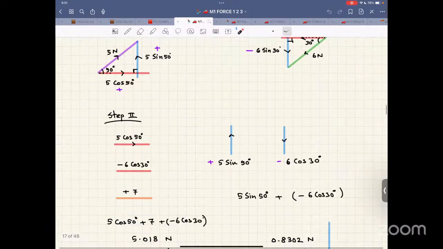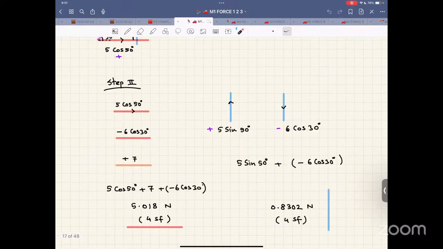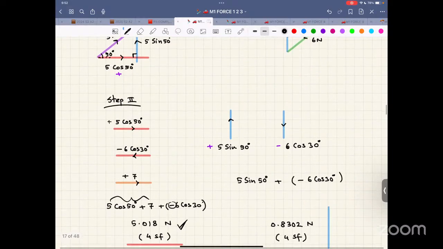So resolve each force. This one is going to the right, this is going to the left, and this is going to the right. So this is positive, this is positive. These two will add up, and this will be subtracted. That's the overall answer, positive. That means overall the horizontal component is to the right.